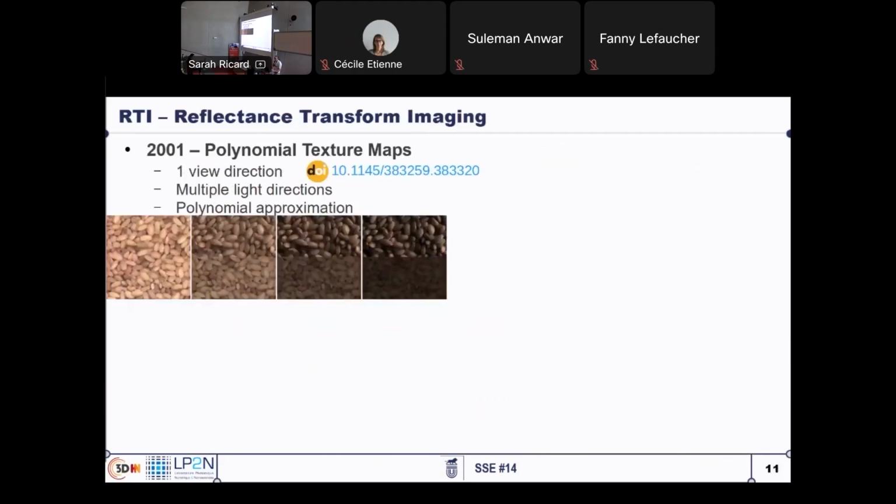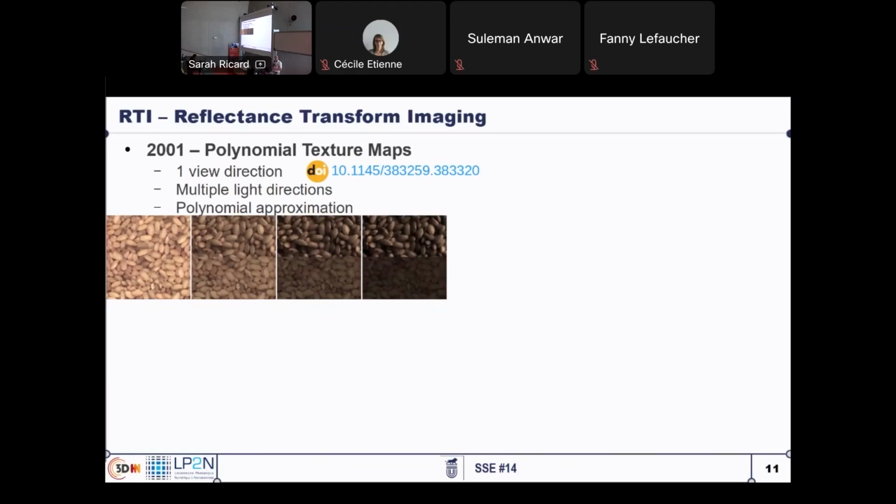So what I've said is that the technique that is mostly used currently in the domain of petrolage is reflectance transform imaging, coming from an old paper now, published in 2001, named Polynomial Texture Map, in which you acquire the appearance of the surface from one given direction, but from multiple light directions.